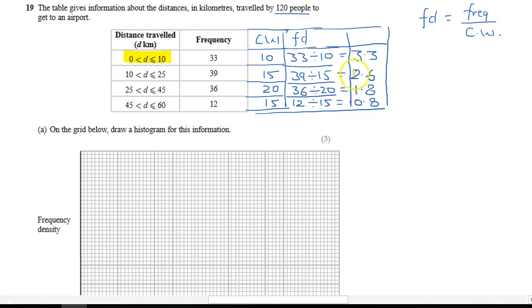Now 0 to 10, it is 3.3. 10 to 25, it is 2.6. 25 to 45, it is 1.8. And 45 to 60, it is 0.8.